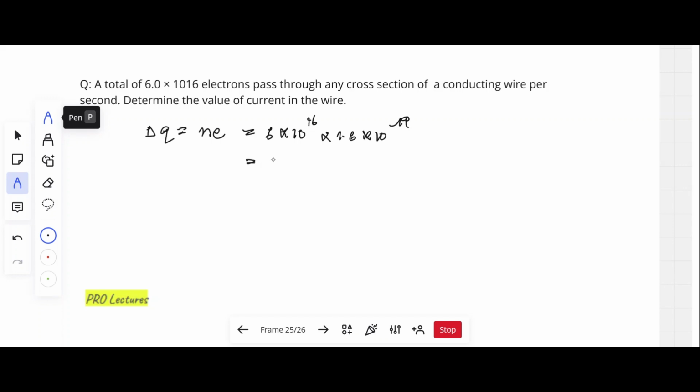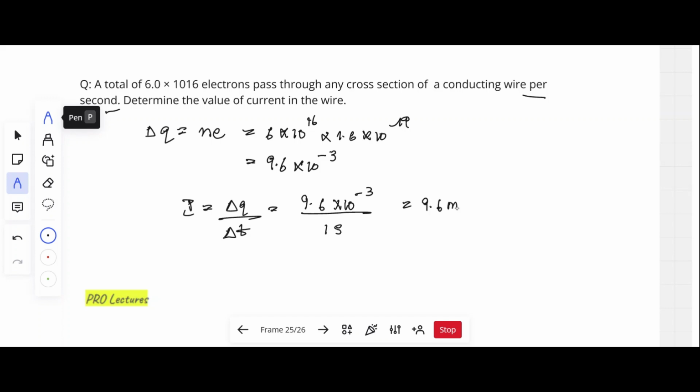If we multiply, we get 9.6 into 10 to the power minus 3. So I is equal to ΔQ by Δt. Since it's given per second, we get 9.6 into 10 to the power minus 3, which is 9.6 milliampere.